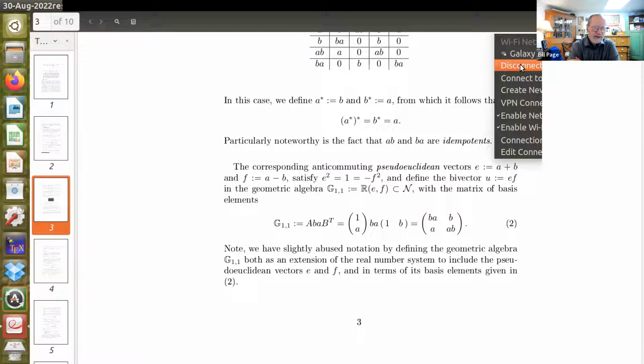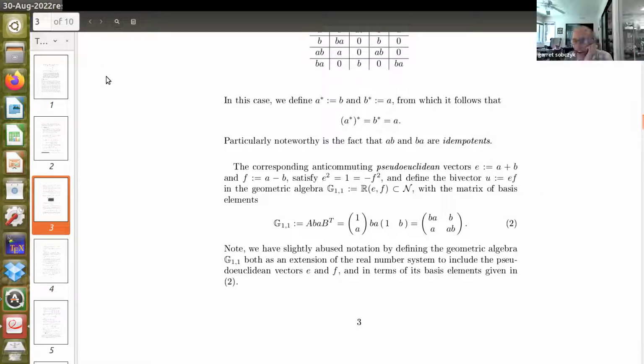You may lose your Zoom session. Yeah, which I guess he did. Can you hear me? Yes. Okay, I switched my hotspot to my Mexican cell phone. Works better.